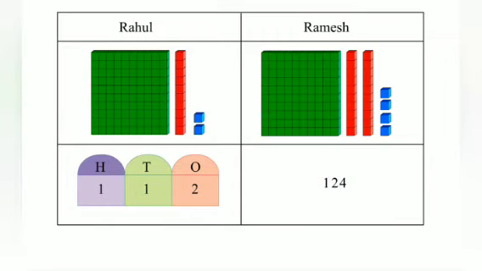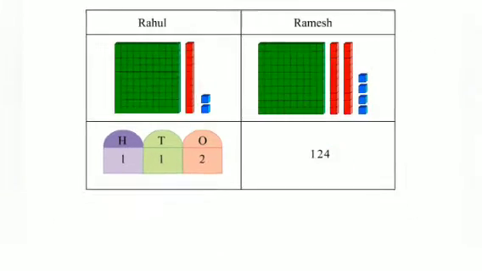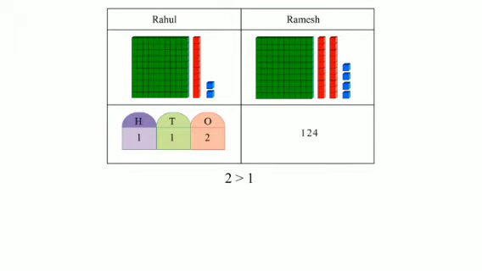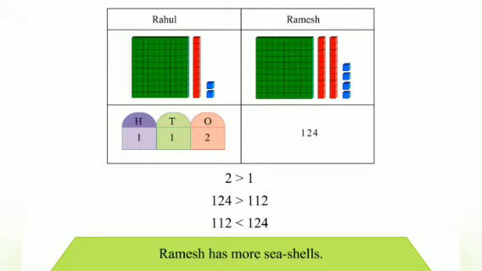Let's compare the tens digit. 2 is greater than 1. Therefore, 124 is greater than 112. We can also say that 112 is less than 124. Therefore, Ramesh has more seashells.